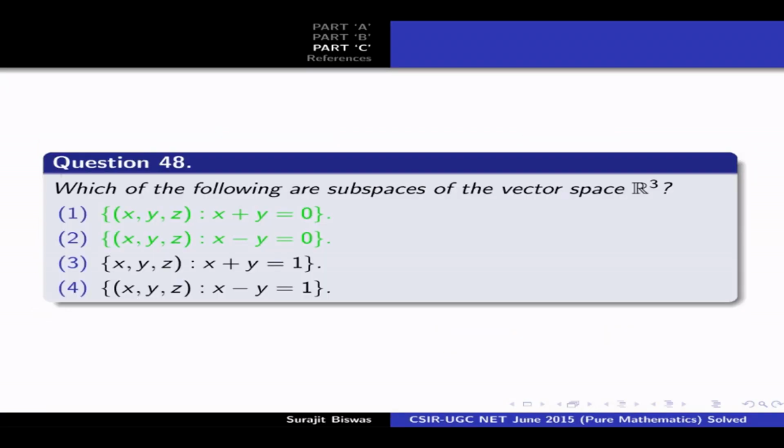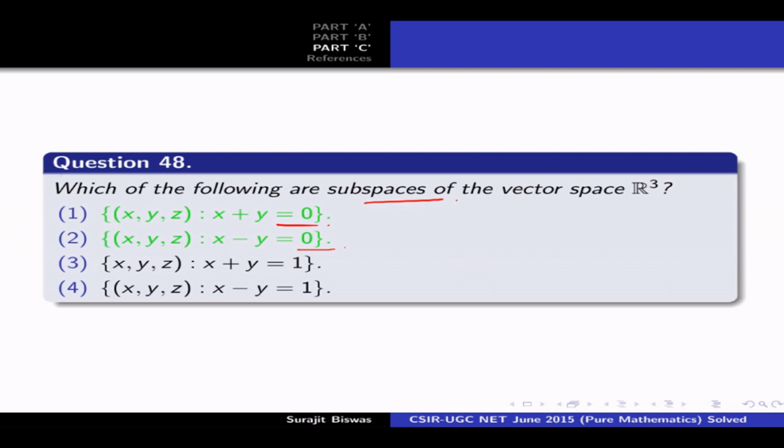Next problem. Which of the following are subspaces of the vector space R3? The first option is (x, y, z) so that x plus y is 0. And option 2 is (x, y, z) so that x minus y is 0. Of course, we can show that options 1 and 2 are true by using the definition of subspace.